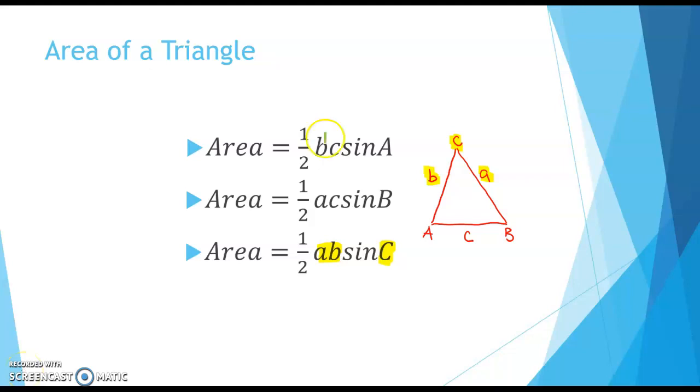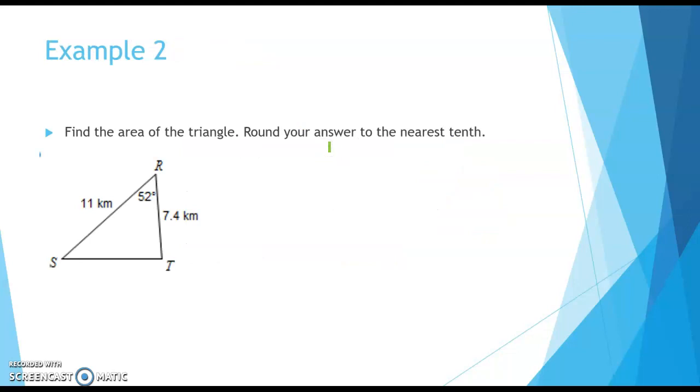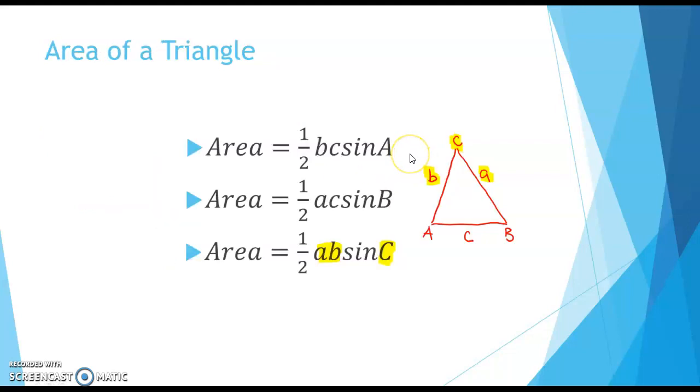If we look at this top formula, we have sides B and C and the interior angle, angle A, side angle side. We can use this formula. So let's go ahead and do a practice problem with it.